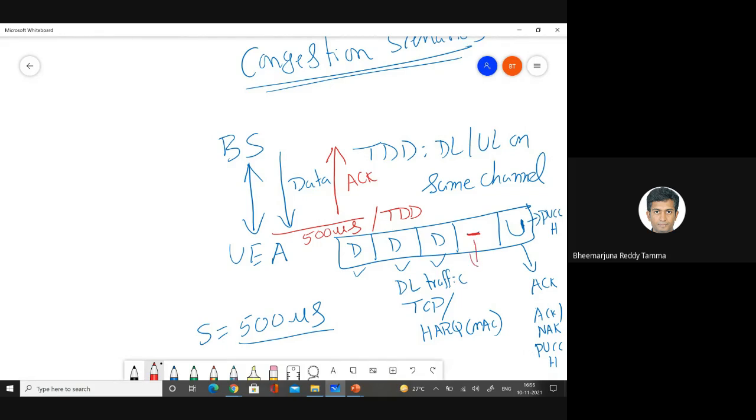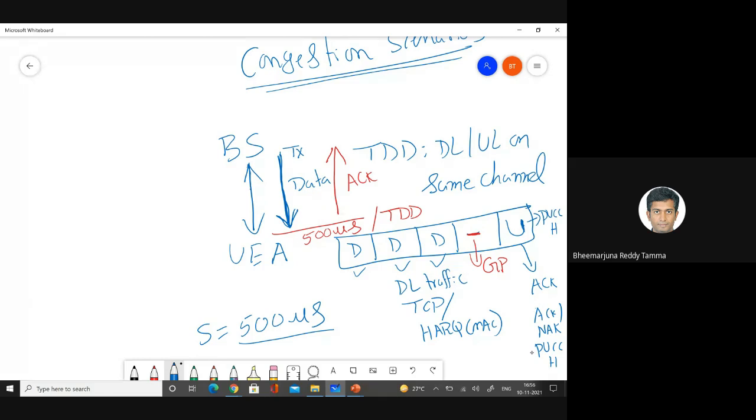Let me see why I may need to create something called a guard period. Take this case where data is coming from the base station. So now tell me, the base station is in TX mode. And what about the handset?